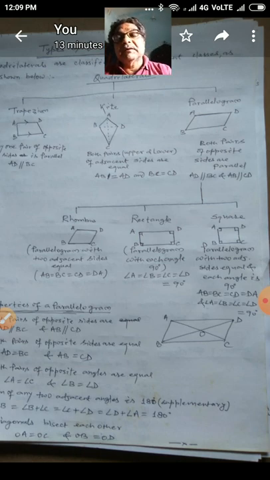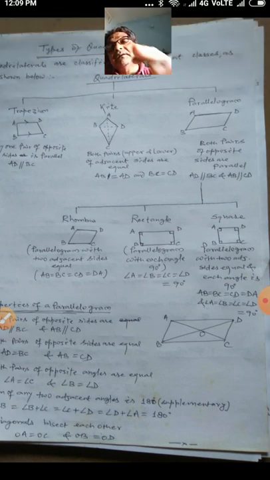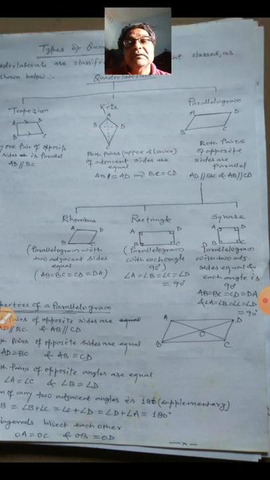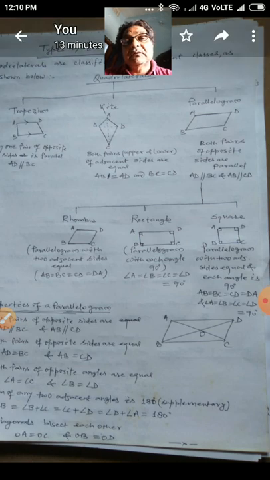A rhombus is not necessarily a square, but a square is always a rhombus because it possesses the properties of a rhombus. But a rhombus is not necessarily a square because a rhombus doesn't have all the properties of a square. Similarly, we can say a square is also a rectangle because it possesses the properties of a rectangle. But again, the converse may not be true.